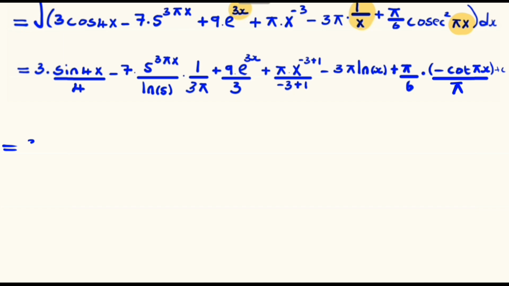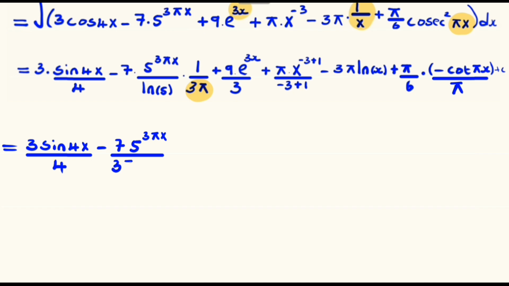Now we can simplify, so we have 3 sine 4x divided by 4 minus 7 multiplied by 5 raised to the power 3 pi x divided by, so let's start by writing that 3 pi.